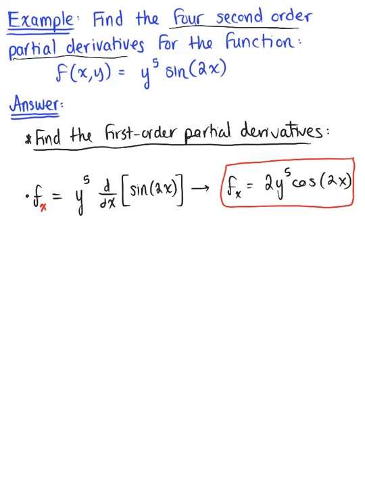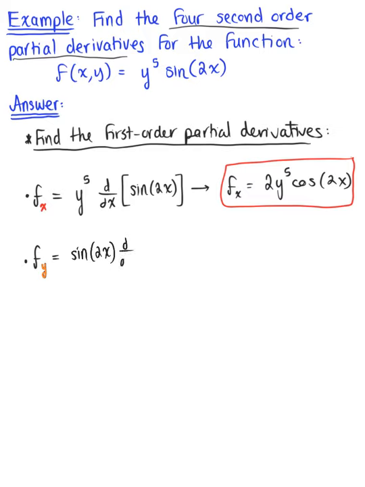Now we need to go ahead and find the second first order partial derivative of the function with respect to y. Now, as always, it is crucial to keep in mind what variable we're differentiating with respect to. So here we are differentiating with respect to y. So we're treating x like a constant. So let's pull our scalar multiple, that constant, to the front, sine of 2x.